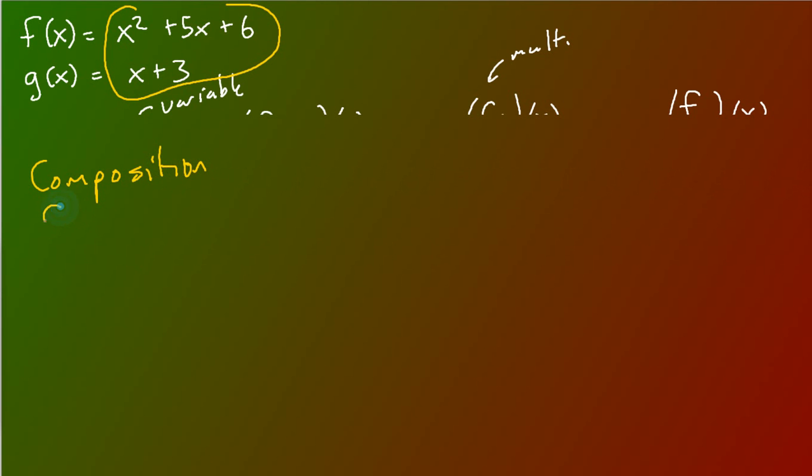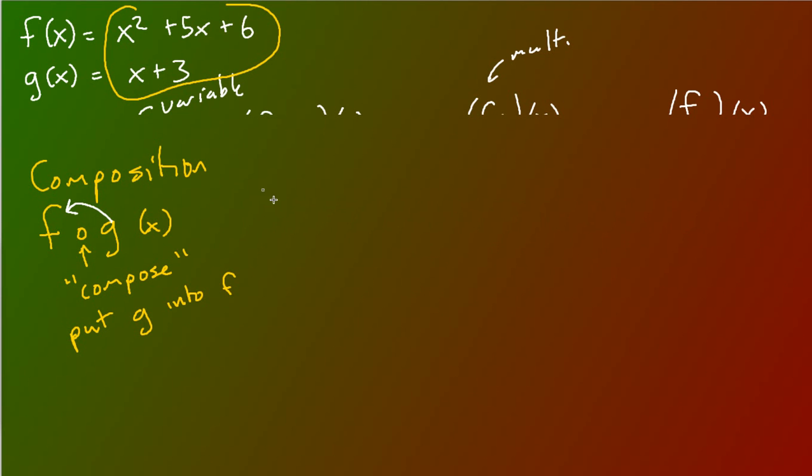So there's a few ways to write composition. The first way is like this, and this symbol is called compose. And what it means to do is to put g into f. So I'm going to take g of x, and I'm going to put it into f of x, like that.